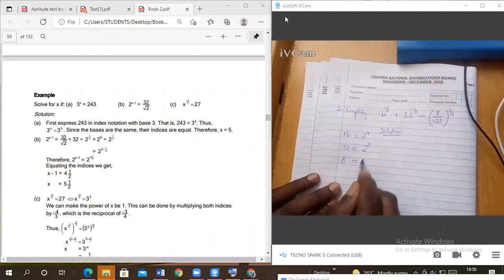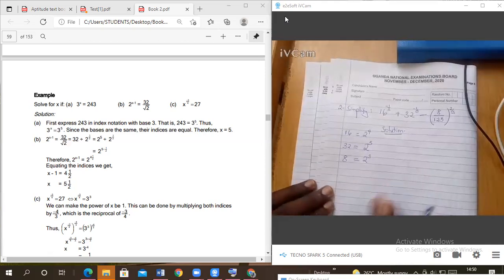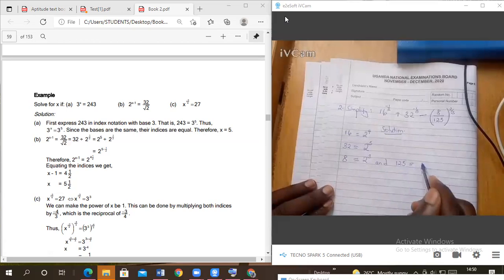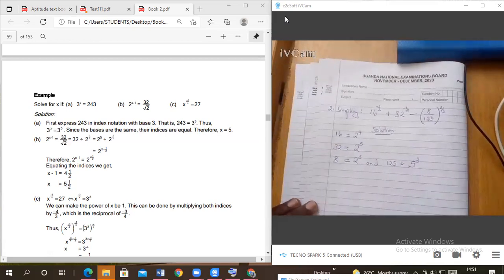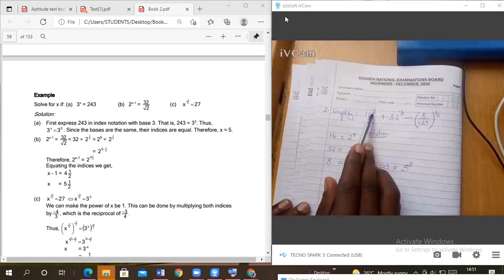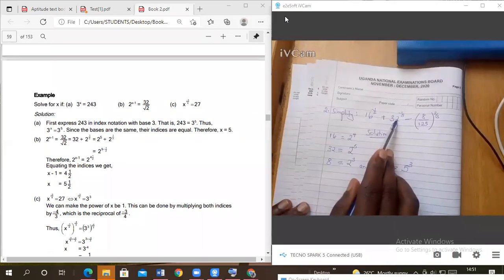We know that 8 is the same as 2 to the power 3, and 125 is the same as 5 to the power 3.